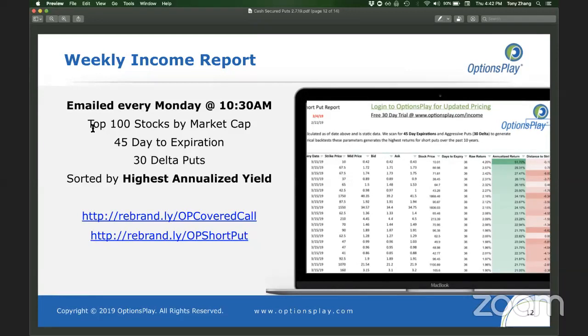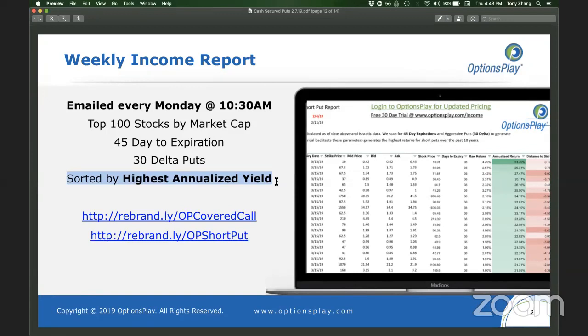The cash secured put report targets 45 days to expiration. It targets the 30 to 40 delta puts, and it sorts by the highest annualized yield. We take the top 100 stocks by market cap, the S&P 100, and sort it for you so you don't have to search for it yourself. You simply get a report every Monday morning and see which stocks have the highest yields for selling cash secured puts.